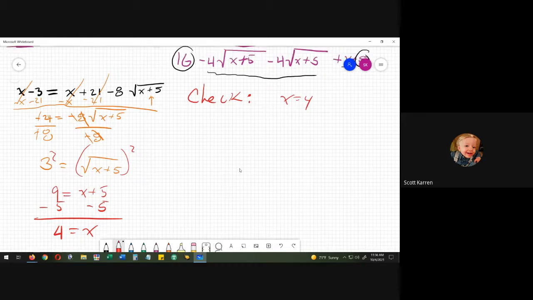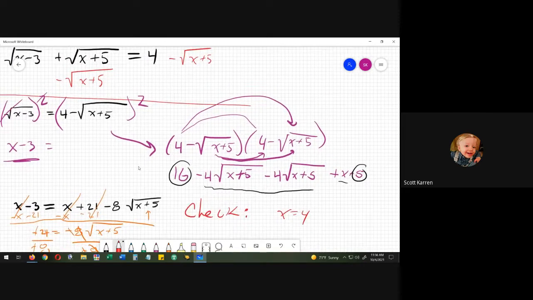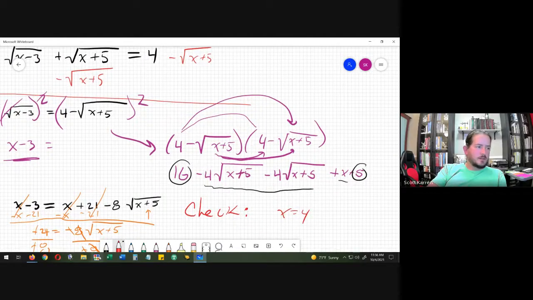X equals 4 into the original equation, which was root x minus 3 plus root x plus 5 equals 4. Let's check it.